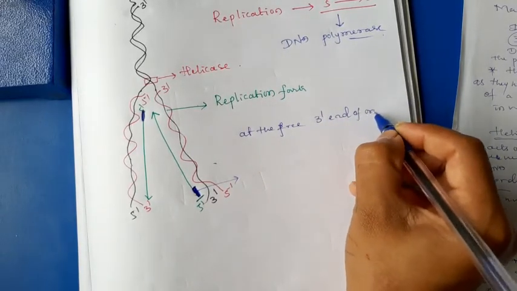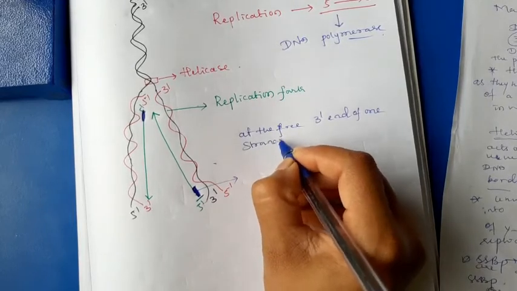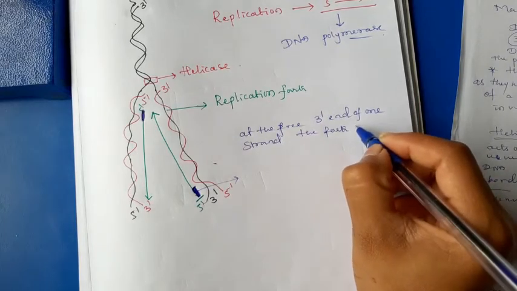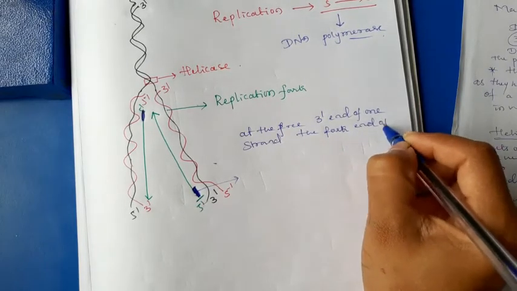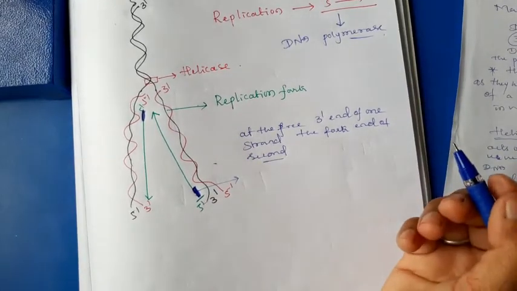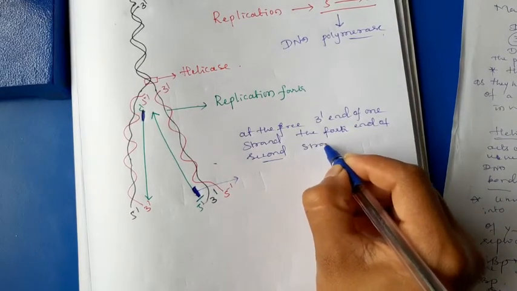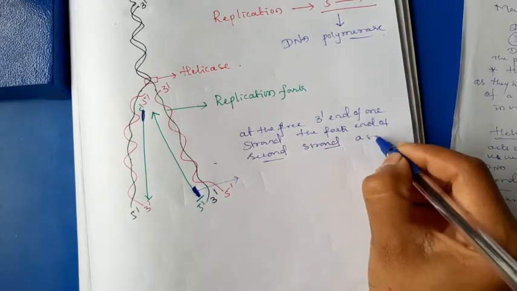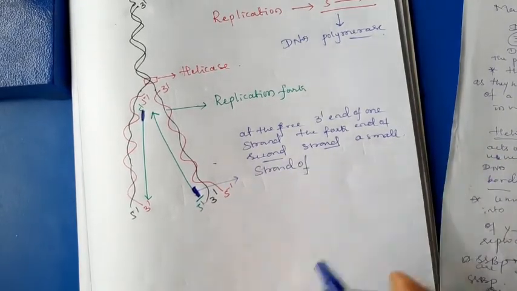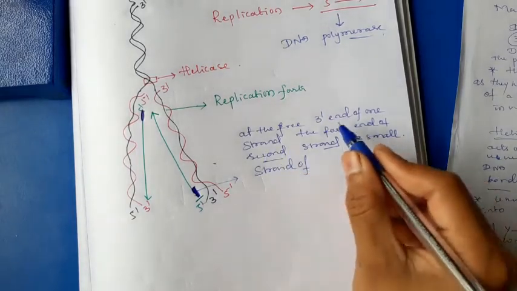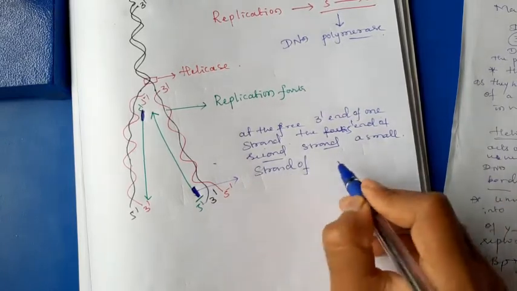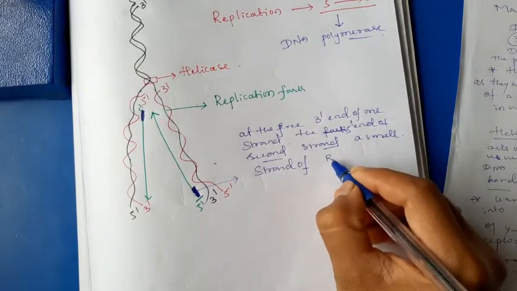Here, at the free 3 prime end of one strand and a 5 prime end of a second strand, a small segment of RNA is added.